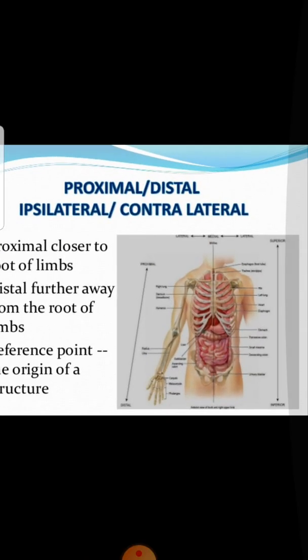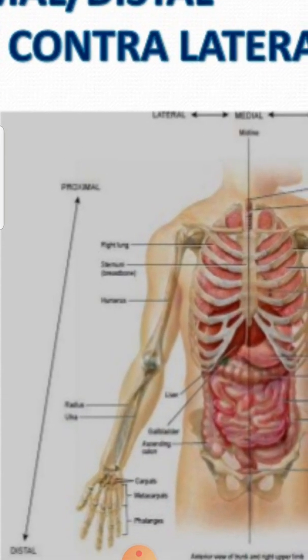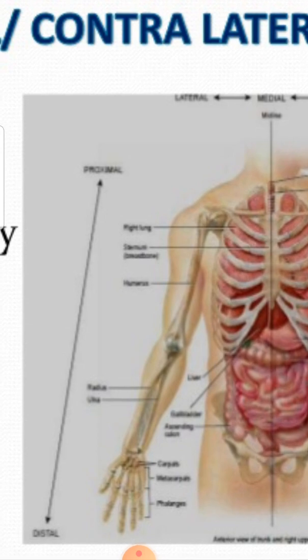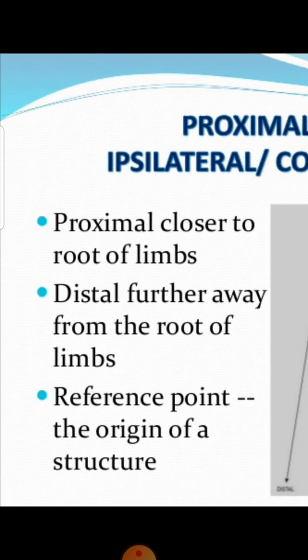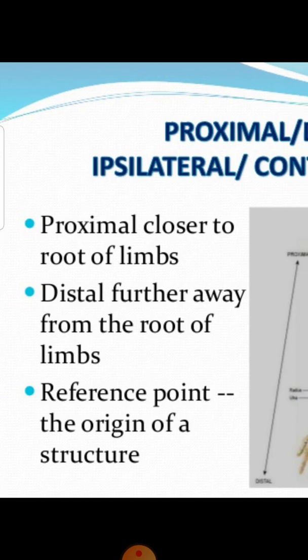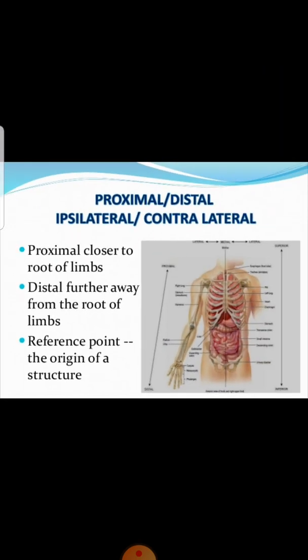I gave you the example of the arm, and I told you that the proximal side will be this shoulder side, and the distal side will be the end of the arm, which is at the elbow joint. Okay, so the reference point in this regard is the origin of a structure.